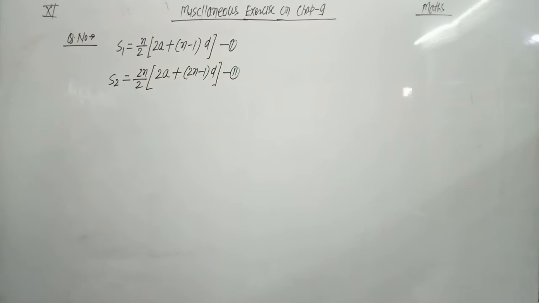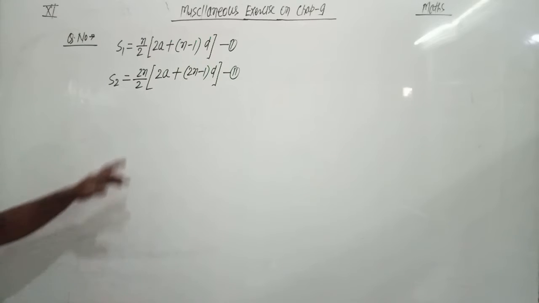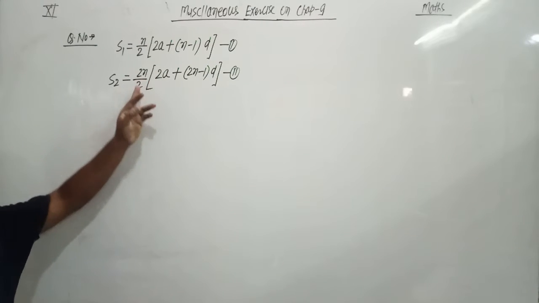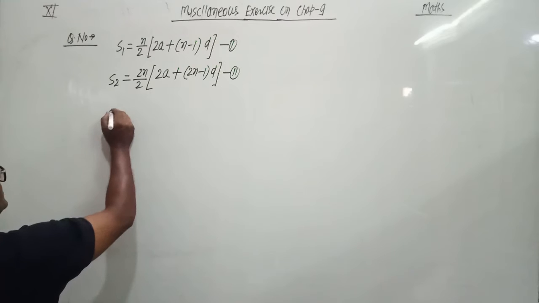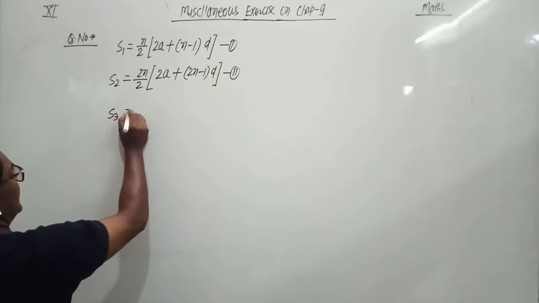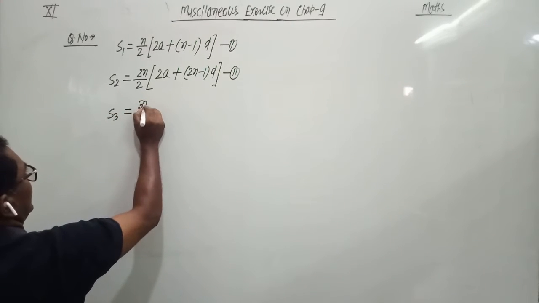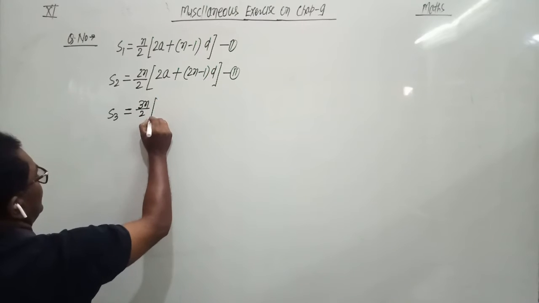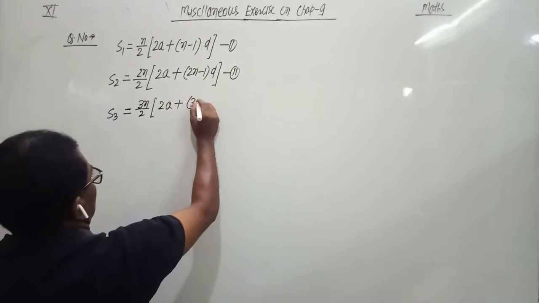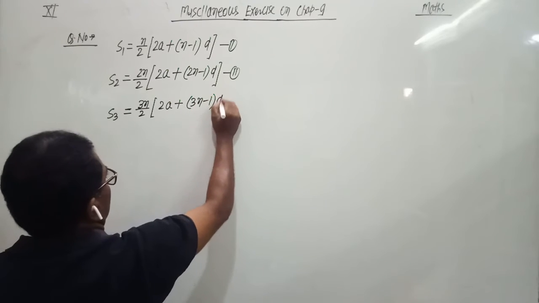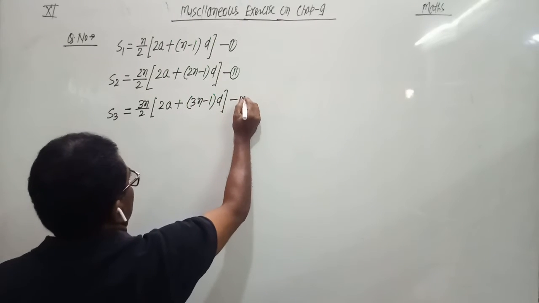Sum of 2n terms means at the place of n there is 2n, and the sum of 3n terms is S3, so S3 equals 3n by 2 into 2a plus 3n minus 1 into d. This is the third equation.